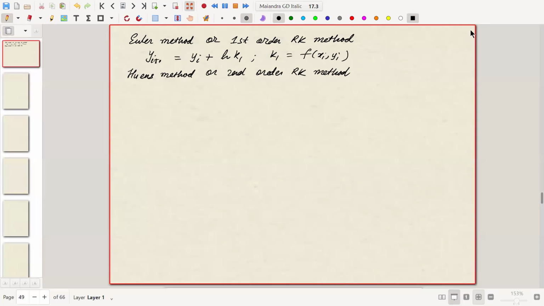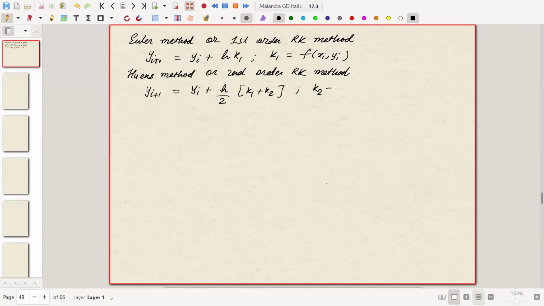So how are you writing the second order method? y_{i+1} equals y_i plus h over 2 times (k1 plus k2), where k1 you already know.